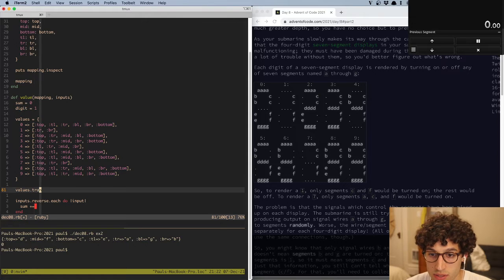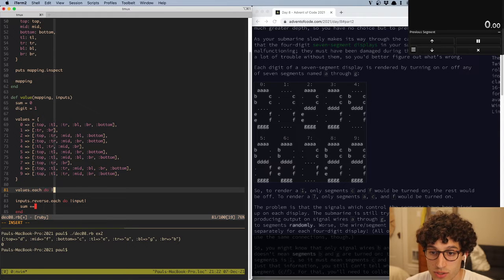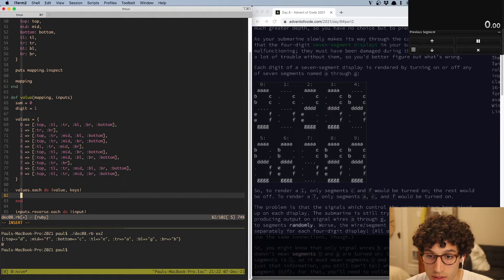Values.each do value, keys. Keys.map k, mapping k, join, sort, join.